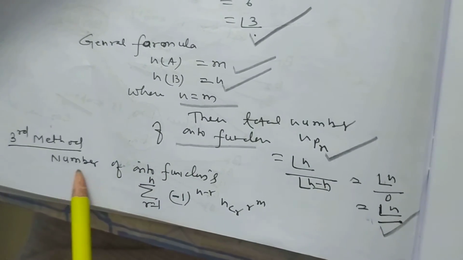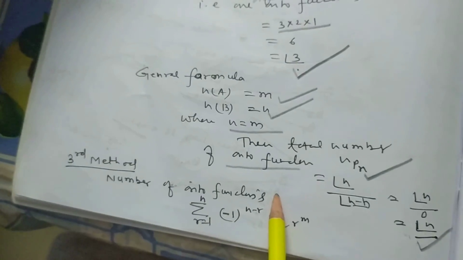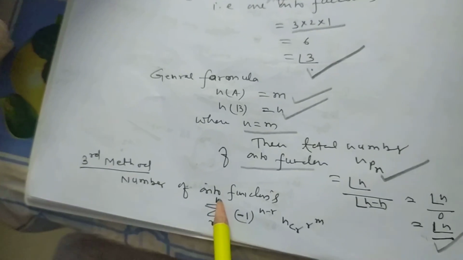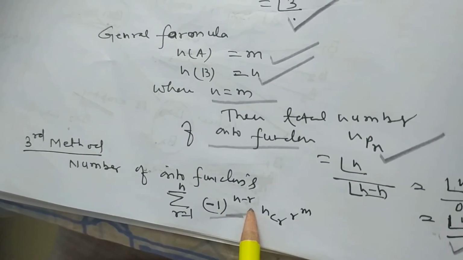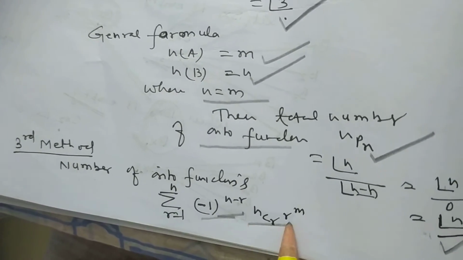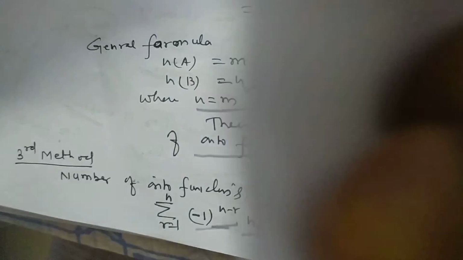Now it can be solved by this method also. The number of onto functions is equal to the sum for r equal to 1 to n of minus 1 to the power n minus r, nCr, r to the power m.